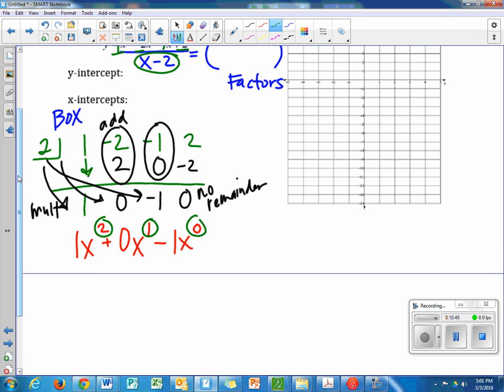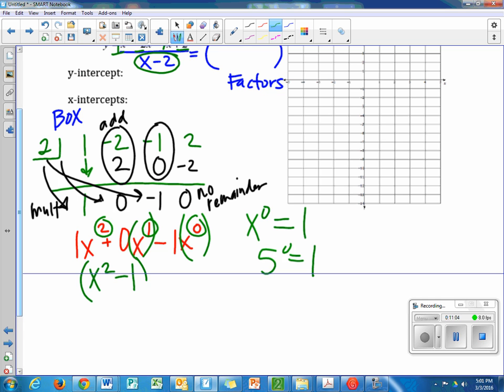So now we have x squared. This 0 times anything is just 0, so ignore that. Whenever you have x to the 0 power, anything to the 0 power is 1. So 1 times -1 is -1. So this is your factor.